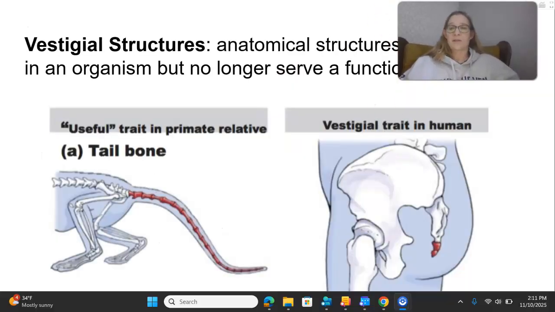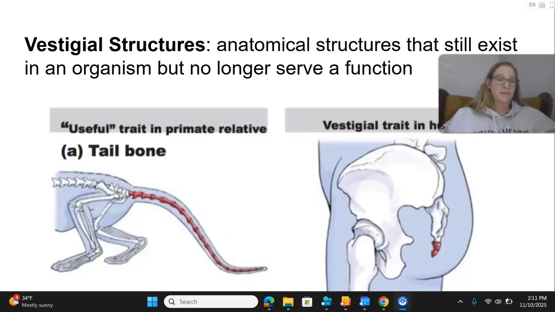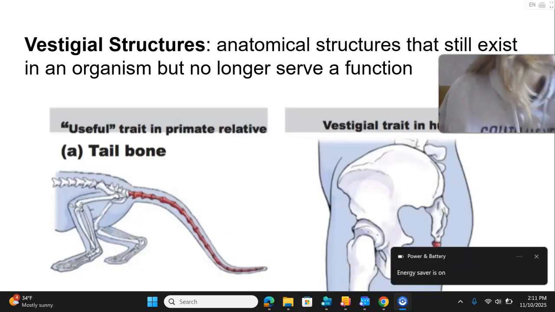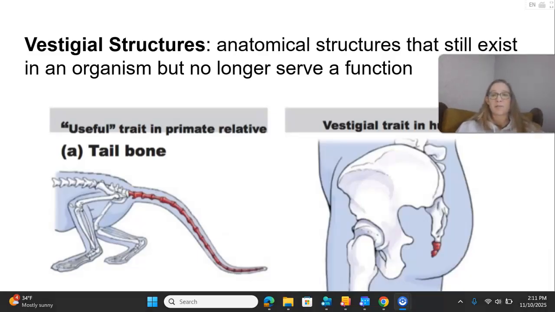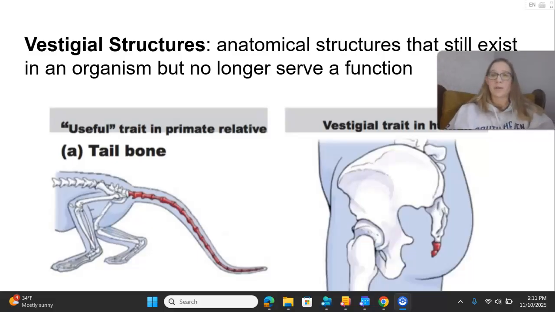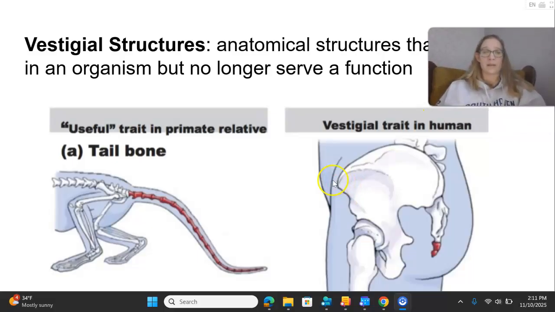Vestigial structures are also evidence of shared ancestry. Okay, these are anatomical structures that still exist in an organism but no longer serve a function. One example of this is the tailbone in a human that is thought to have evolved from an actual tailbone in a primate relative.